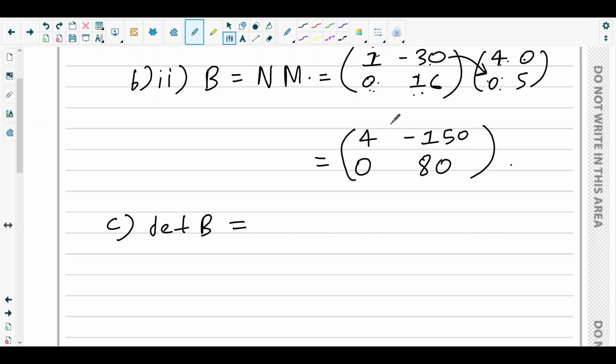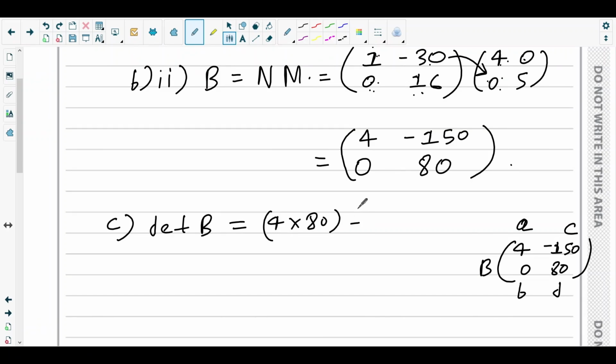Matrix B is 4, -150, 0, 80. So A times D is 4 times 80, minus BC, where 0 times -150 is 0. So the determinant of B we got here is 320.